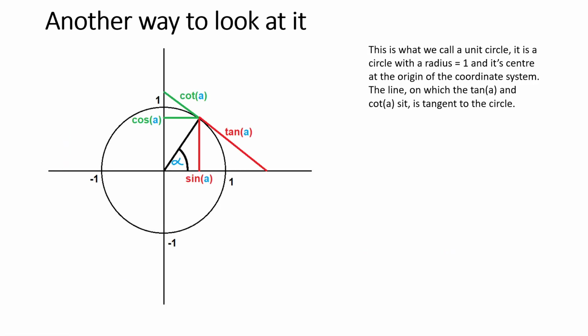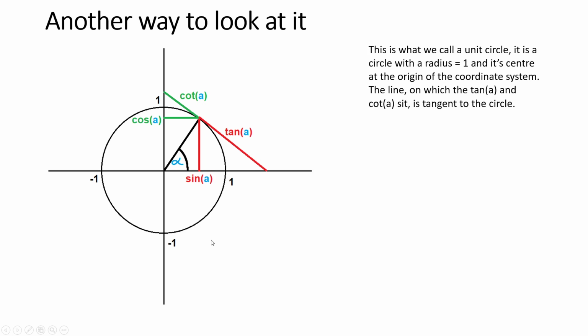Okay, so here we may see the unit circle, which lets us see the trigonometric functions in a different way. Here is a circle with radius 1, and sine alpha is opposite by hypotenuse, and because the hypotenuse is just 1, the radius of this circle, sine alpha will be just the opposite, which is this shorter red line, which you may easily see.